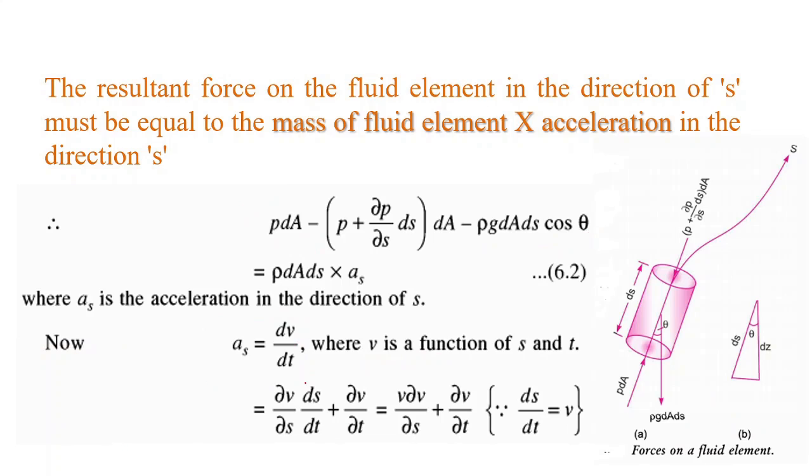In mathematics, whenever x is a function of y and z, we partially differentiate it. The same way we differentiate here: dv by dt is dou v by dou s into dou s by dou t plus dou v by dou t. It's a concept of mathematics.